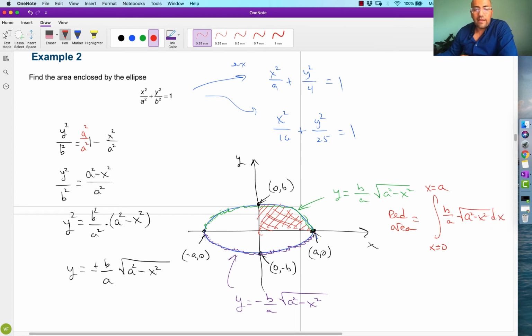Good, so that'll be that area. But of course we want the entire ellipse, so we're going to have to multiply this area times 4 to get the entire area.